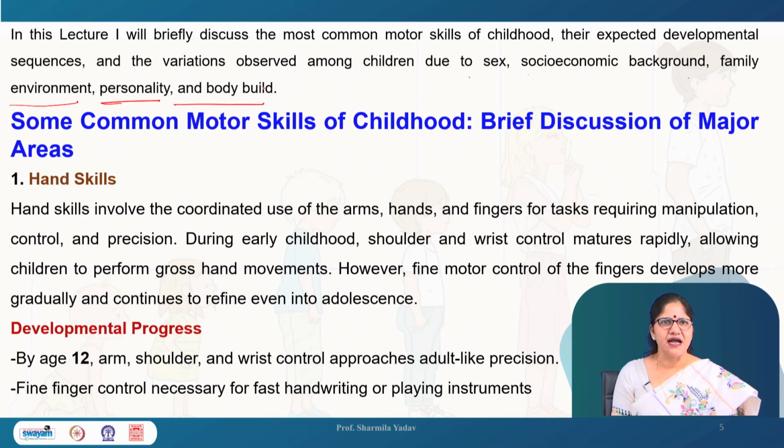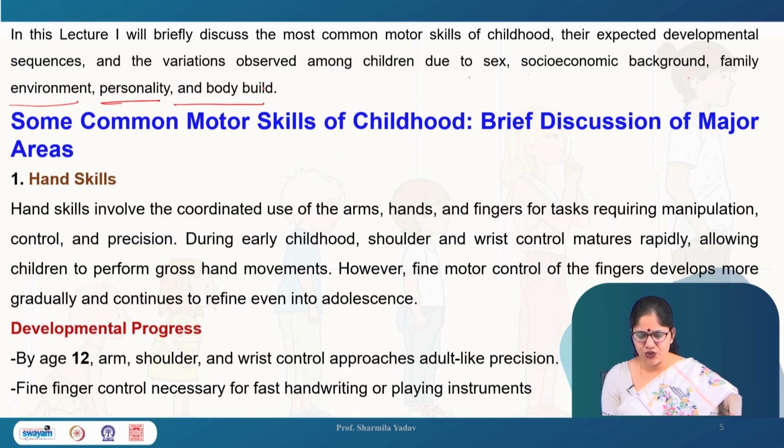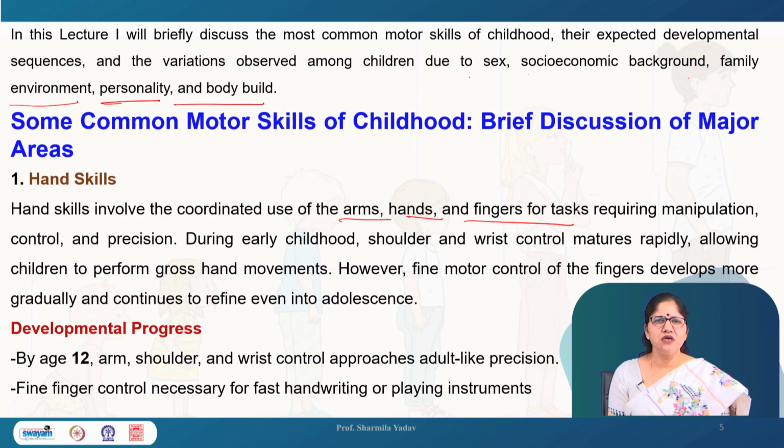Hand skills. Hand skill involves the coordinated use of arms, hands, and fingers for tasks requiring manipulation, control, and precision. During early childhood, shoulder and wrist control matures rapidly, allowing children to perform gross hand movements. However, fine motor control of the fingers develops more gradually and continues to refine even when the child comes to adolescent age.